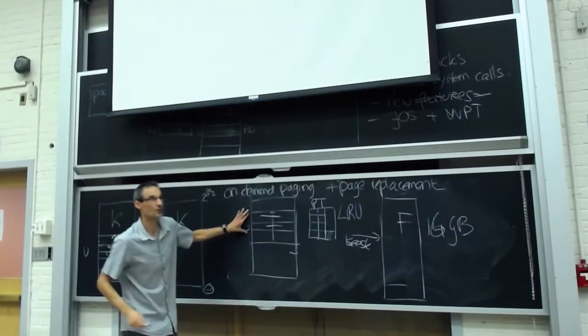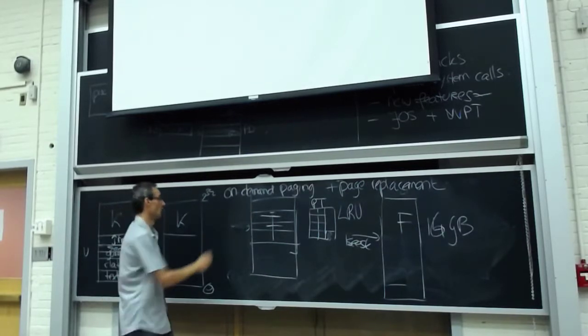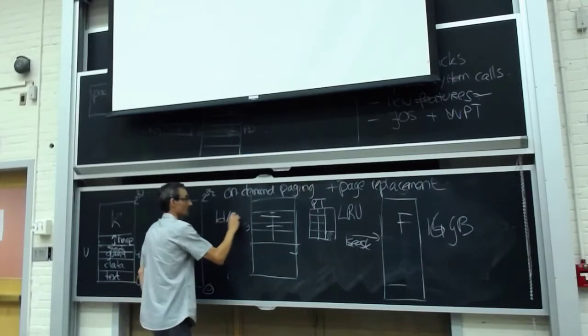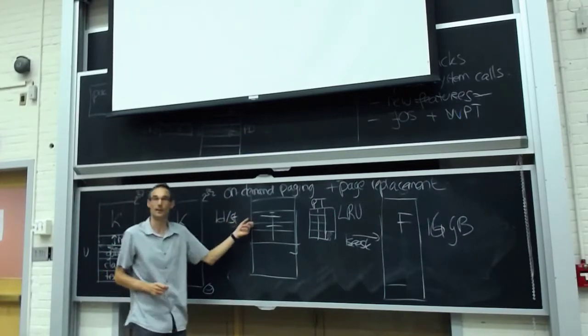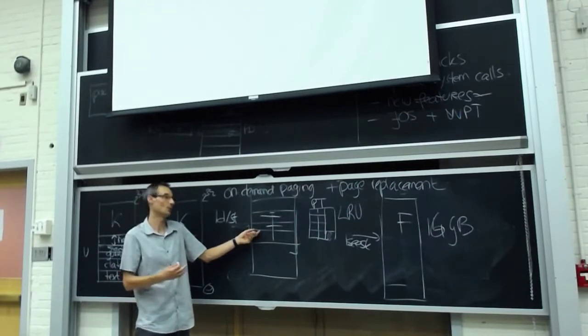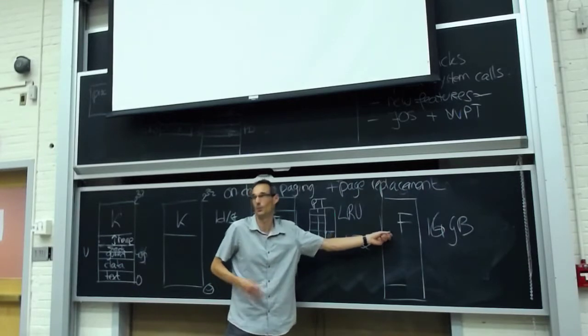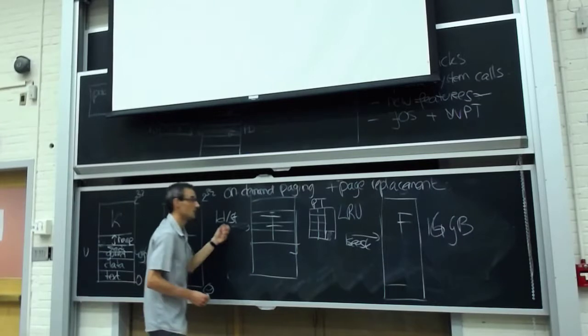But notice that the file is actually sitting in memory also. So another thing you can do, instead of using the Unix read and write system calls, is just use load and store instructions to read and write. And if the policy is that when you write to the file and then at some point call close, the changes are flushed out to the disk, that would be a perfectly fine way of doing it, correct? And what is the advantage of this?